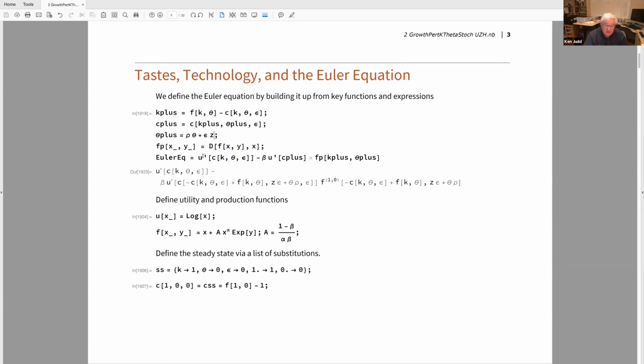So now the Euler equation error and the Euler equation, I regard them as the same.